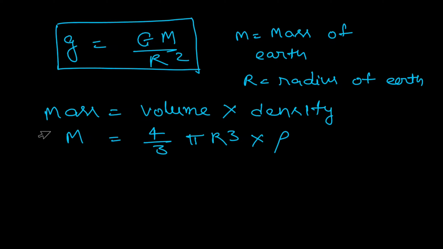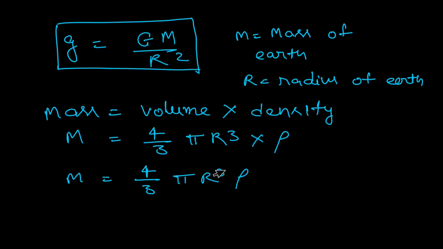This is the acceleration due to gravity set up in a body which is falling freely under the effect of gravity alone. Now we know that mass is equal to volume into density. If M is the mass of Earth, the volume is 4 by 3 pi r cube, and the density is rho, then mass is equal to 4 by 3 pi r cube rho.